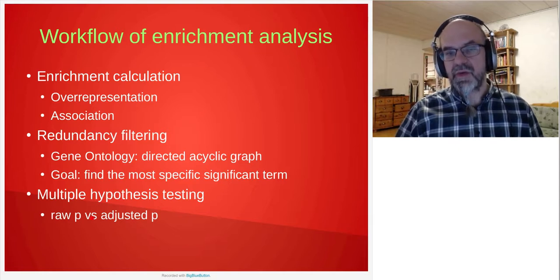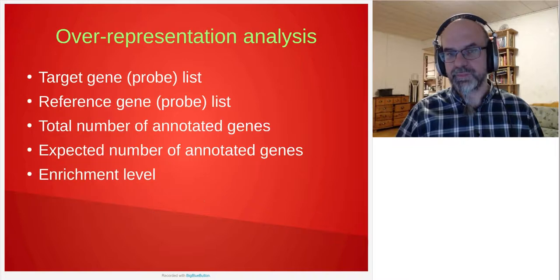That's why you always have to perform a p-value adjustment in this case. Okay, so the three steps: some kind of enrichment calculation, redundancy filtering, and adjusting the p-values, taking into account the number of multiple hypotheses that you have just performed.